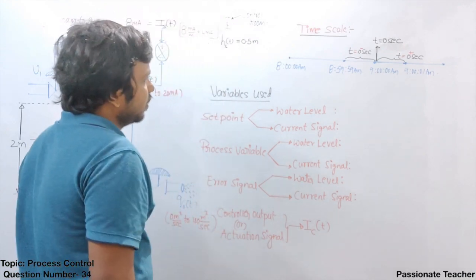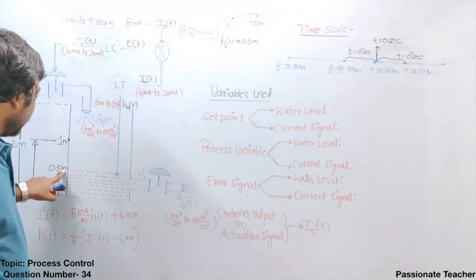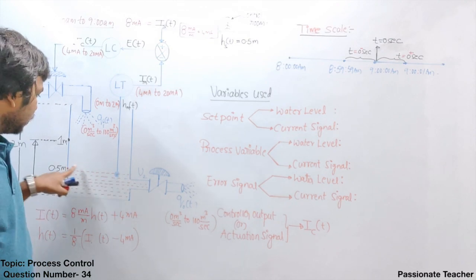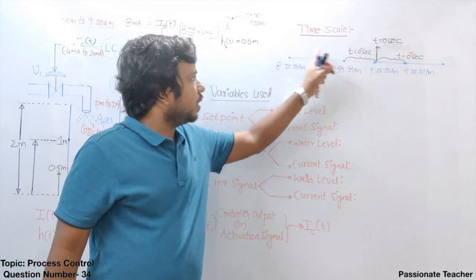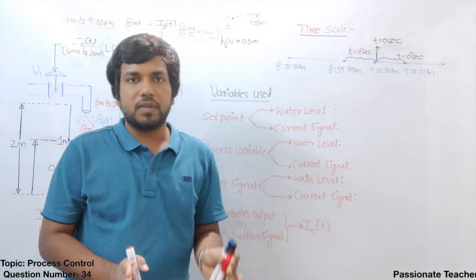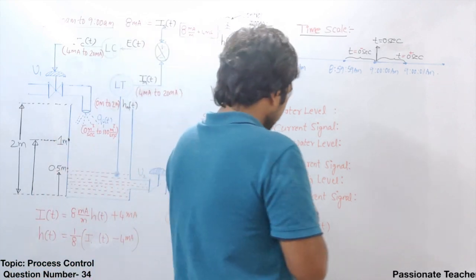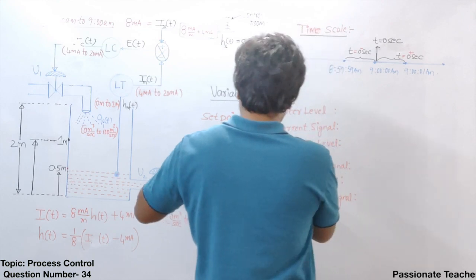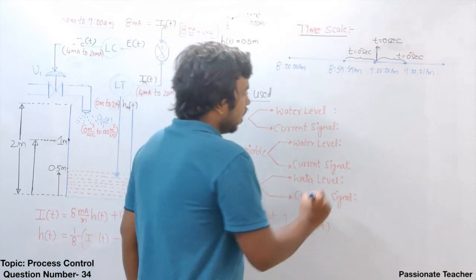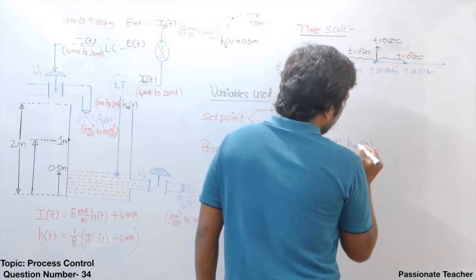Now let us consider like this. Just before 9 am, let's consider that the water level in the tank is equal to 0.5 meter, which is at steady state. That means almost from 8 am to 9 am, I am considering that the water level is at steady state. So here the water level, that is nothing but the process variable, will be written as Hm of t, right?